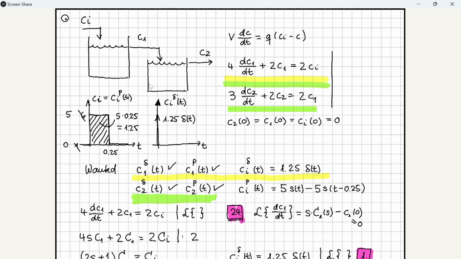We already saw that we had the system separated, these 2 tanks separated in 2 transfer functions. That is very useful, and what we're going to learn as transfer function is also very useful.